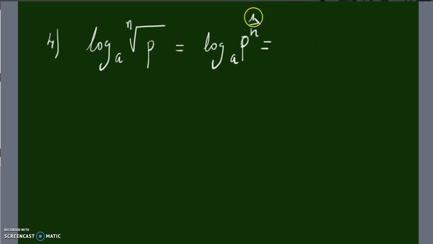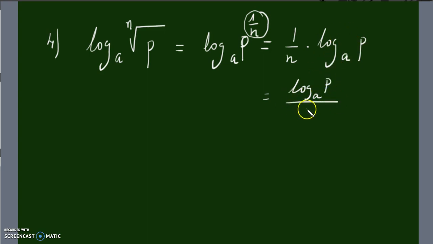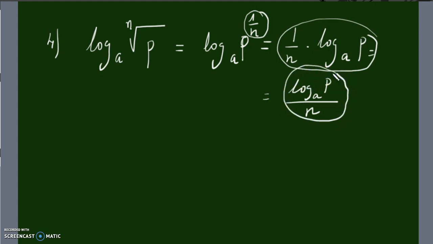So this is a power, so we can move the exponent down as a product. So 1 over n times log with base a of p. Or you can write this as the logarithm divided by n. This and this are the same.